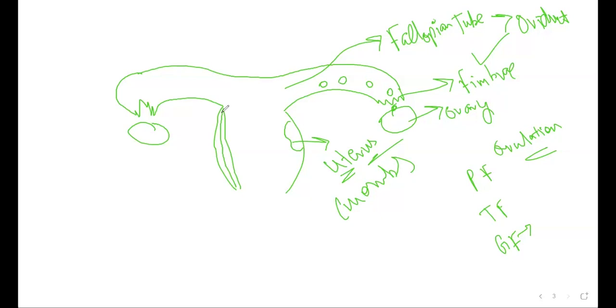So once again, I'm repeating, the ovary is there, then you have the fimbriae part. This whole structure is the fallopian tube, and then this is the uterus region, which has the different layers of endometrium and myometrium. Okay, fine. Let me get back to the diagram once again.